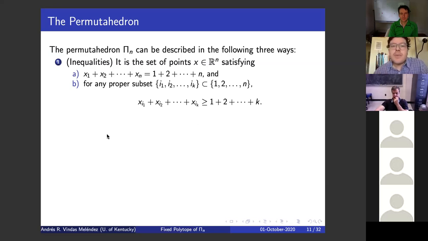But we can also describe a polytope through its inequalities, okay? And when you're dealing with an inequality description of polytopes, you're really thinking about a linear system of equations. And if those linear systems have rational coefficients, you always get a rational polytope.